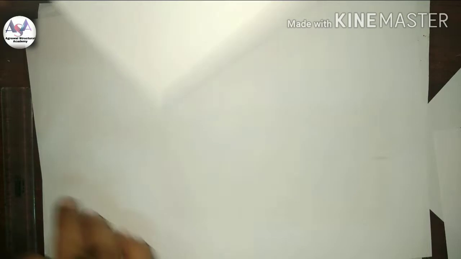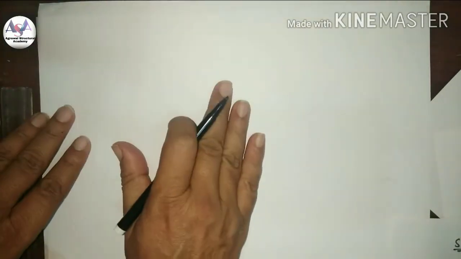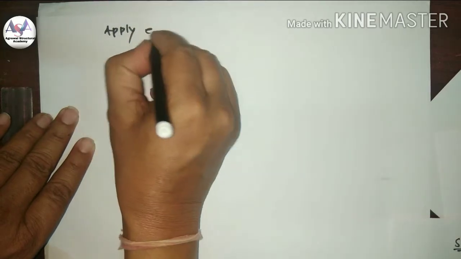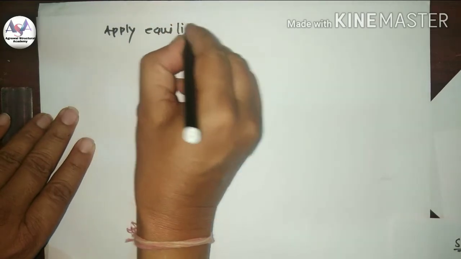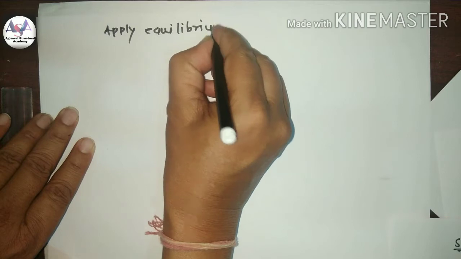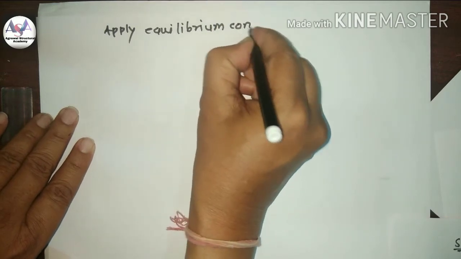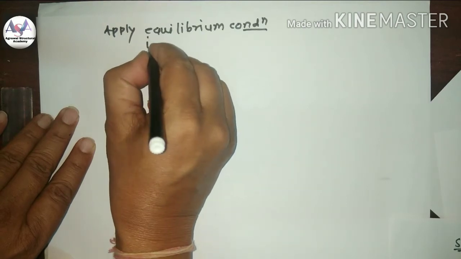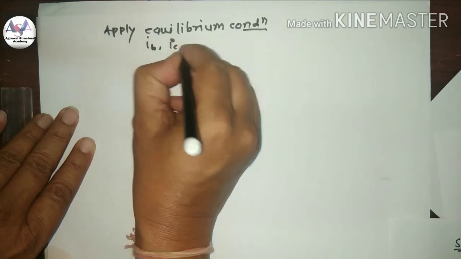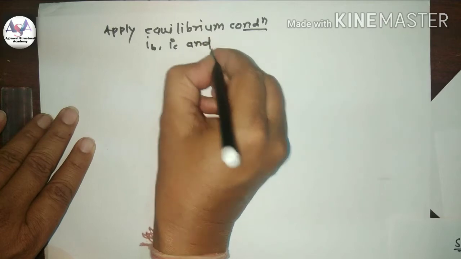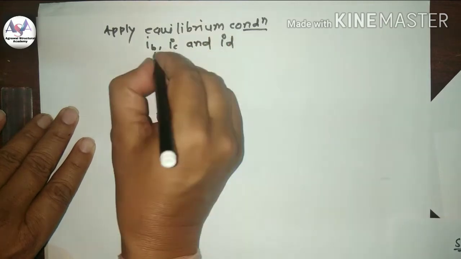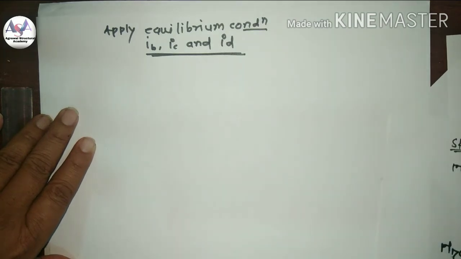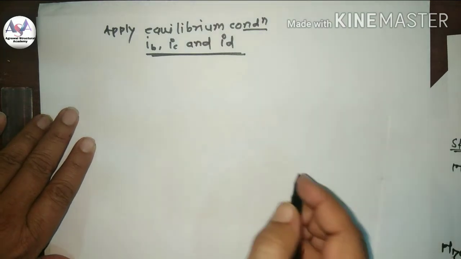Now next step is to apply the equilibrium condition. We have the unknown displacements IB, IC and ID. So these are our three conditions, that is sigma MB, sigma MC.